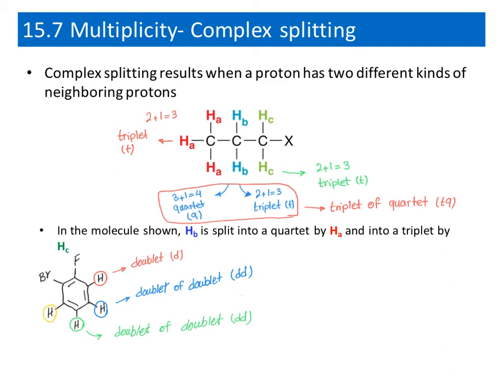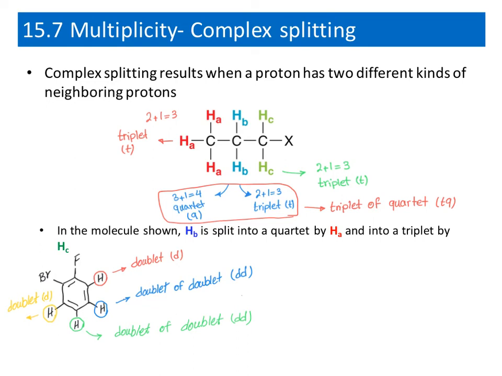Now how about the yellow hydrogen? This hydrogen is connected to the carbon. On the neighboring carbons, there is only one hydrogen here, so 1 plus 1 should be a doublet. So we only see a doublet for this proton.